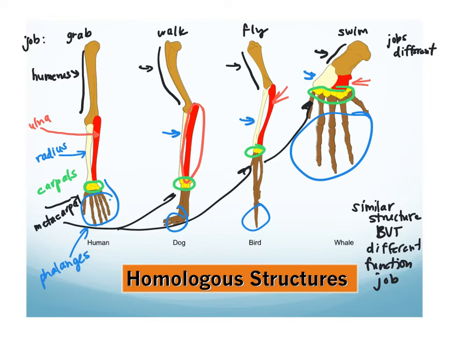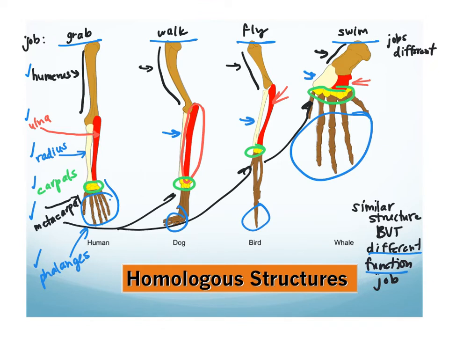And so the idea is that each of these limbs has a different job: grabbing, walking, flying, swimming. They all have different functions, but their structures are similar in that every one of these limbs has a humerus, an ulna, a radius, a carpal, a metacarpal, and phalanges.